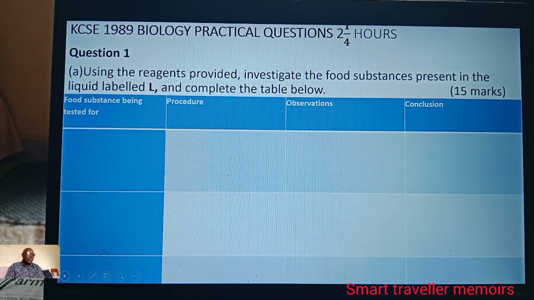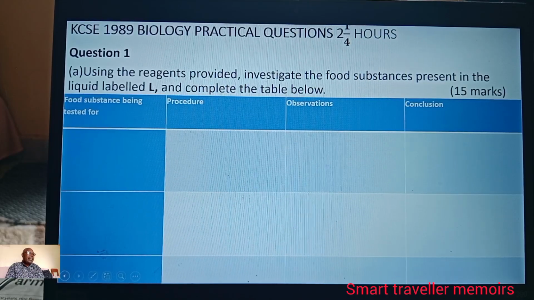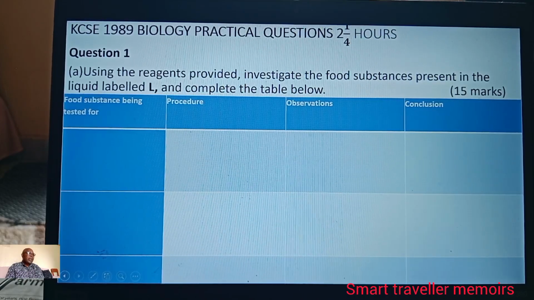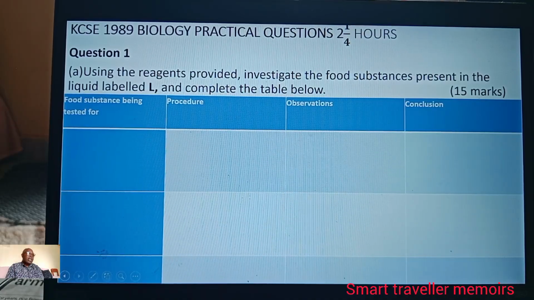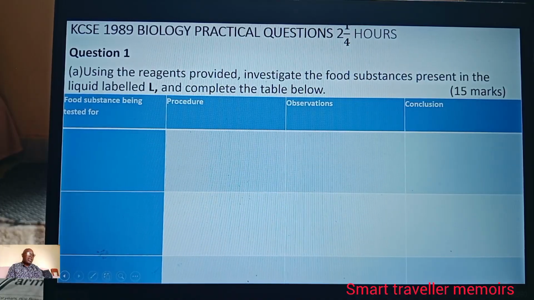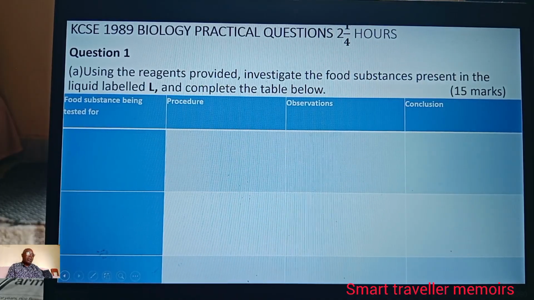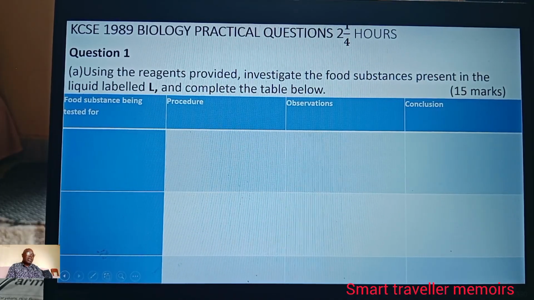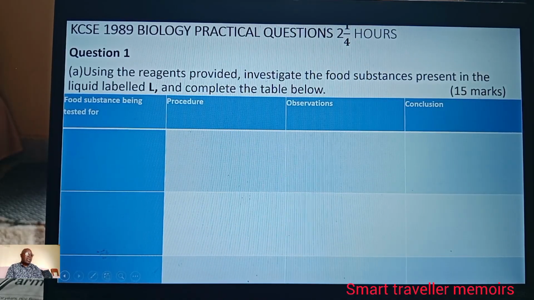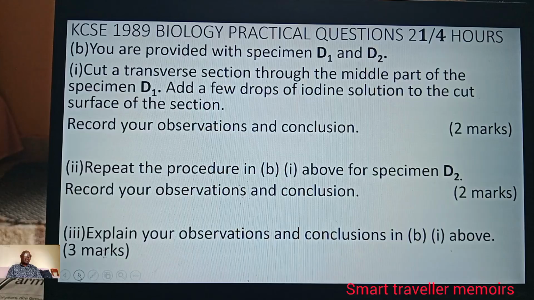A. Using the reagents provided, investigate the food substances present in the liquid labeled L and complete the table below. So that was the food tests, and the table is there with the labels, food substance being tested for, procedure, observations, and conclusion.